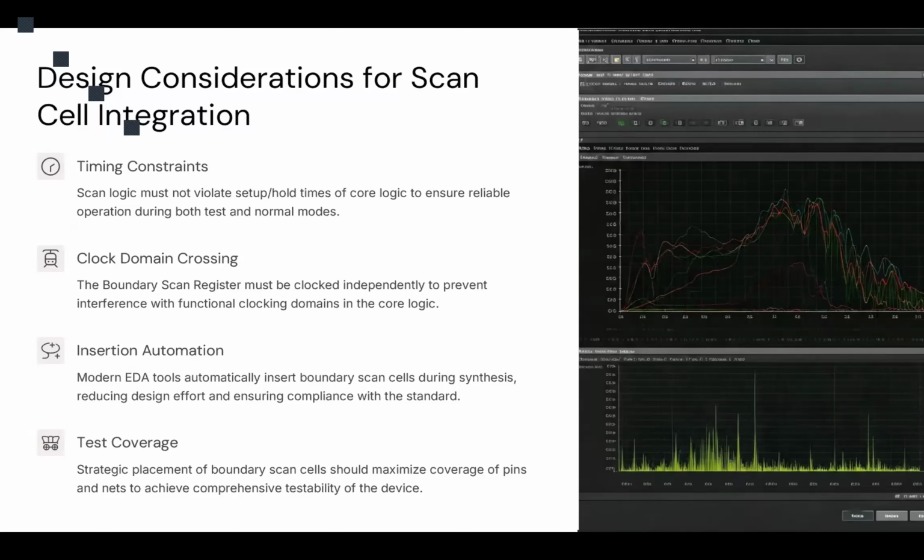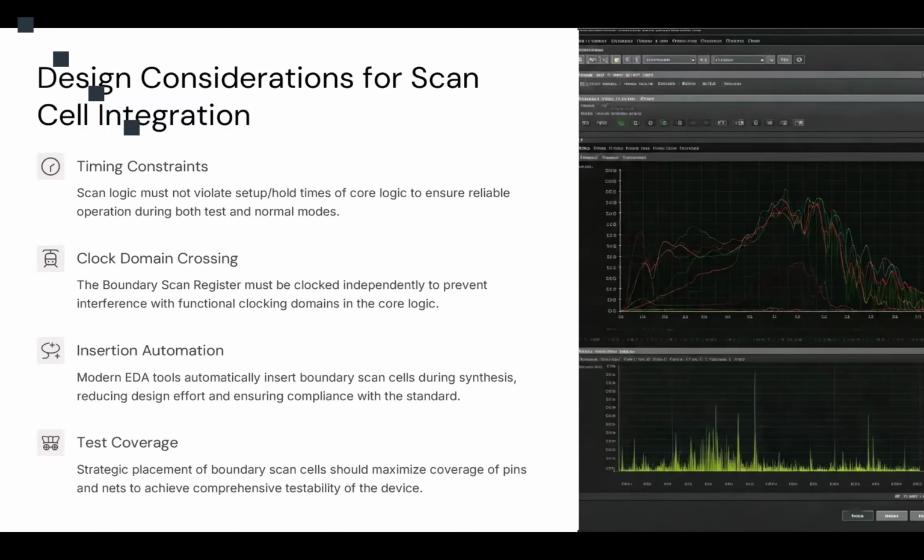Basically, any signal crossing from the scan cells into the core logic or vice versa should preserve clock domain integrity and data stability. So we don't have a mismatch between asynchronous clocks in our boundary scan configuration and the core logic.